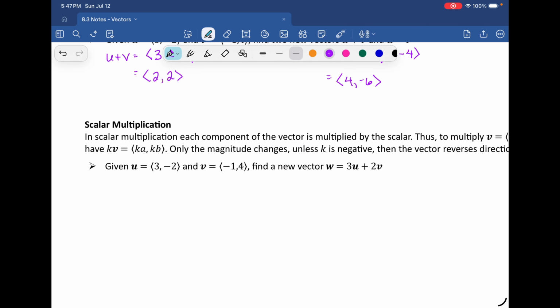Scalar multiplication is like the amount you extend or condense a vector. So you're changing the size of the vector. Same direction, different magnitude. It's just a matter of distribution. We have vector u, vector v, and we're finding vector w, 3u plus 2v. So we're going to find 3u.